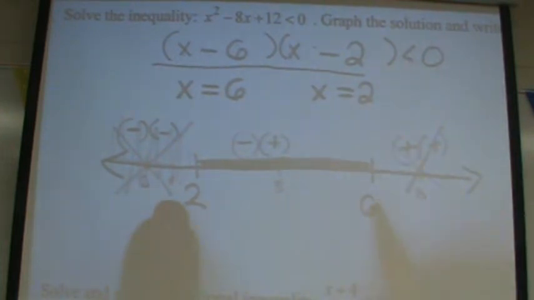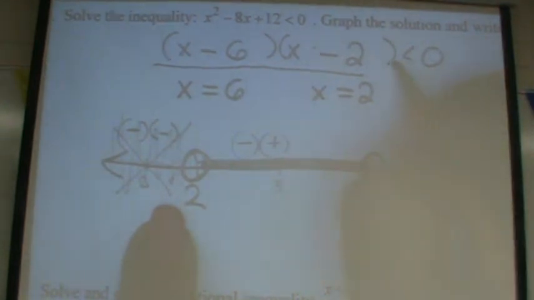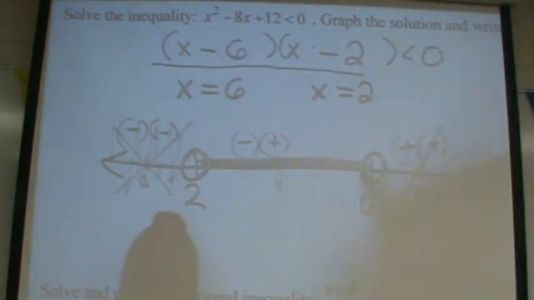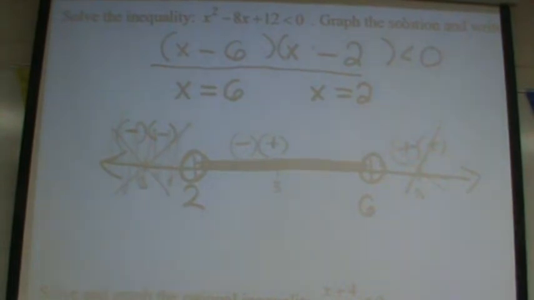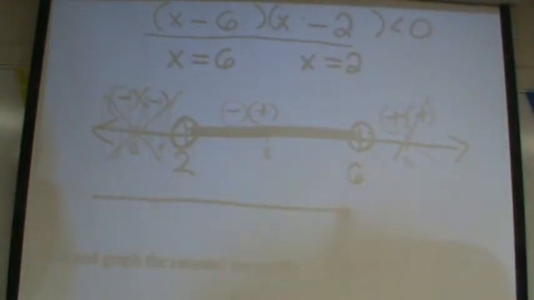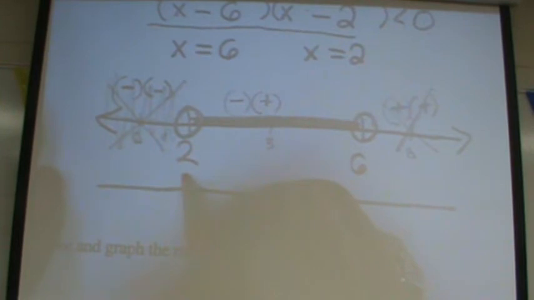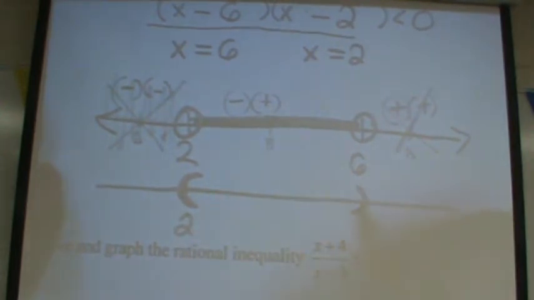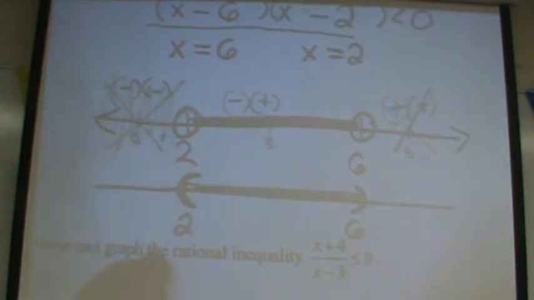Now, because you don't have an equal to sign, we will use open circles. If there was a bar here, we would color them in. You should know in this class, open circles are the same as parentheses. So the solution is 2 to 6.